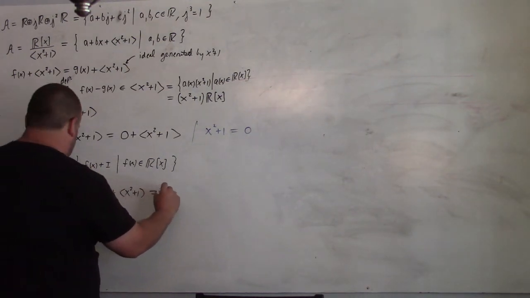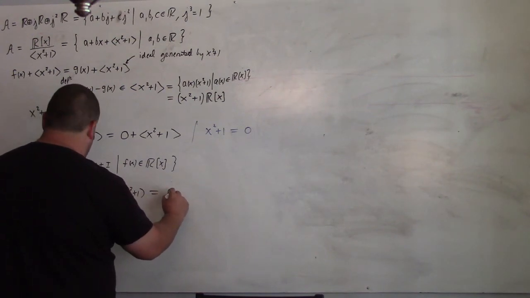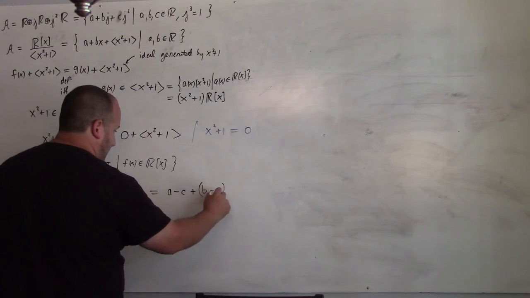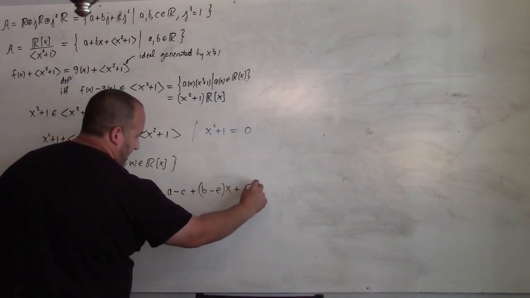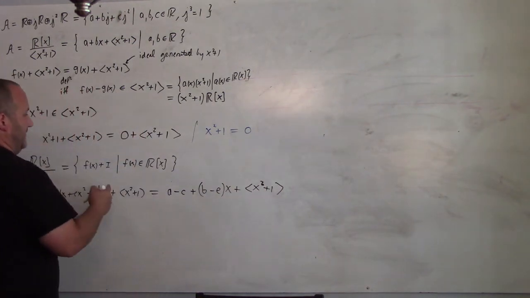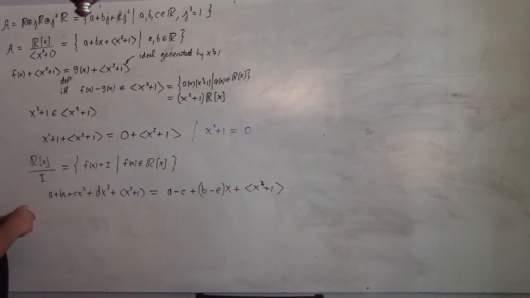So this just becomes a minus c plus b minus d times x plus the ideal generated by x squared plus 1, because I have this relation up here which I can use.